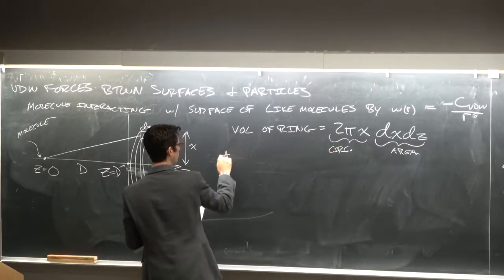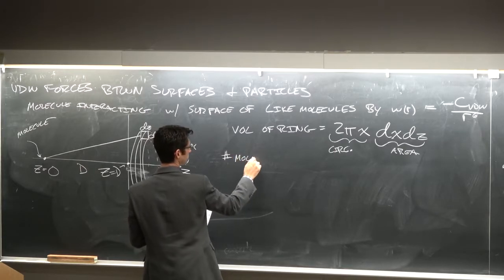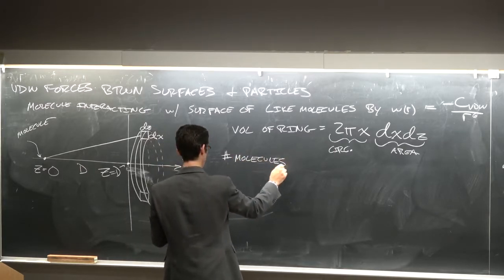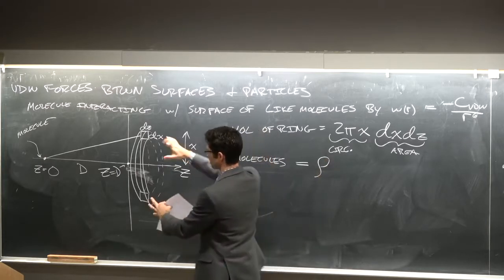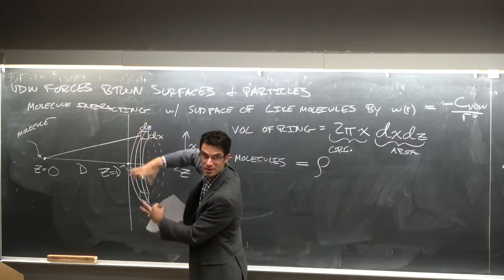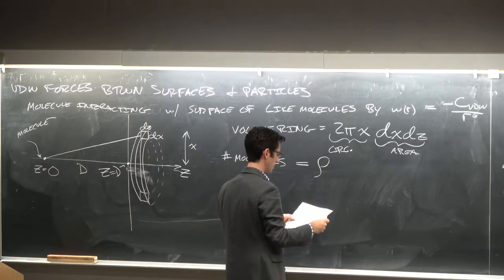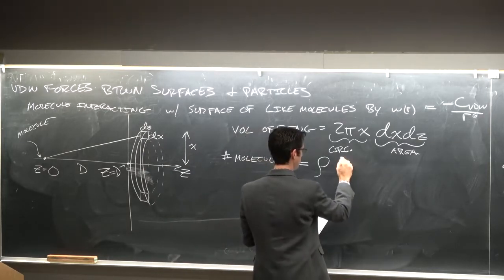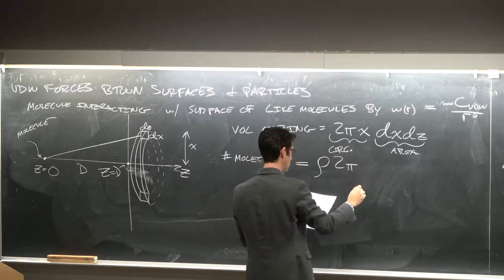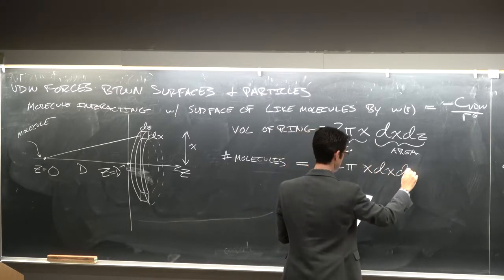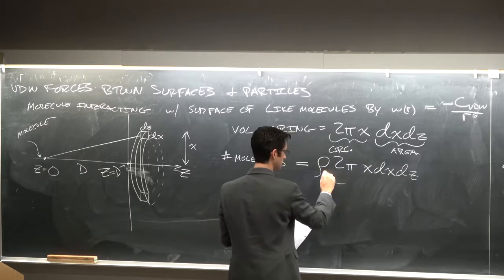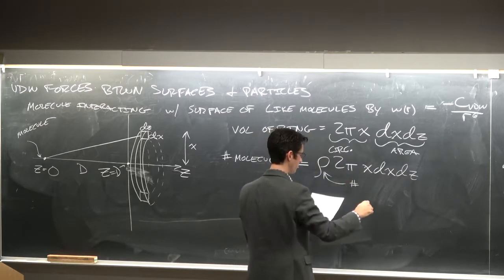And the number of molecules in this infinitesimally small volume element is rho times 2 pi x dx dz, where rho is the number of molecules per unit volume.